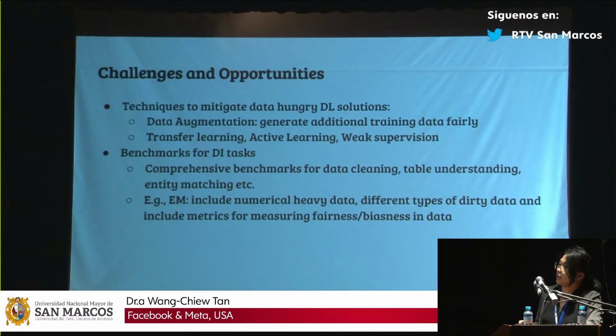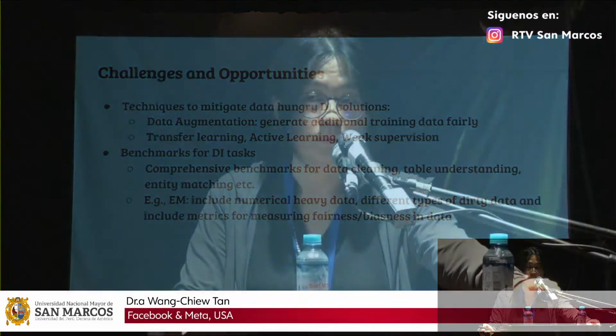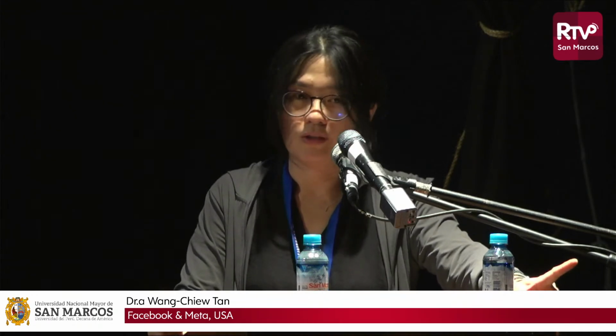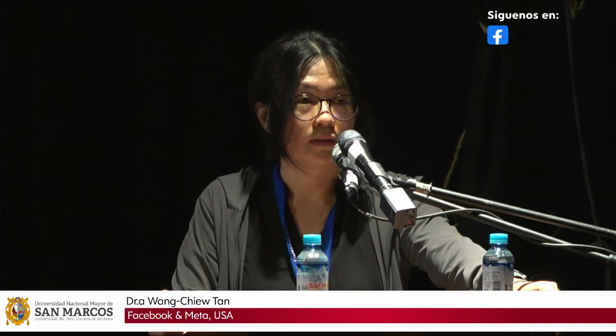So that said, on the challenges and opportunities, I think there is a lot more to be done, right? Because it's data hungry, we can do a lot more in data augmentation to generate additional training data, so that we are not limited to those data sets.